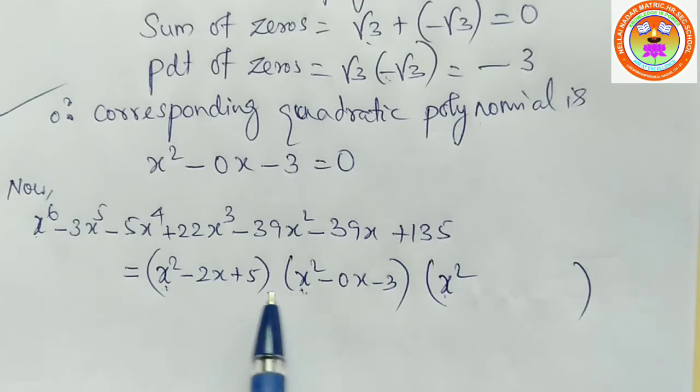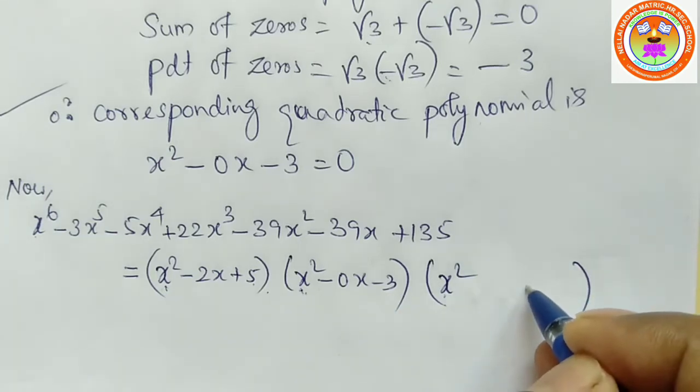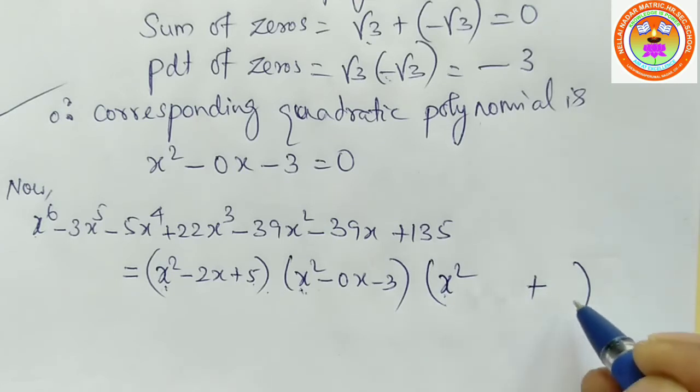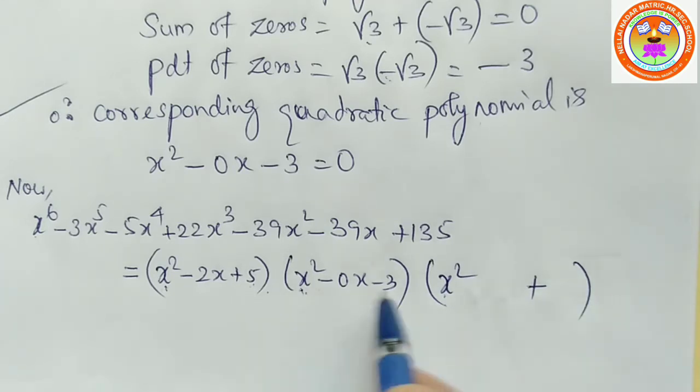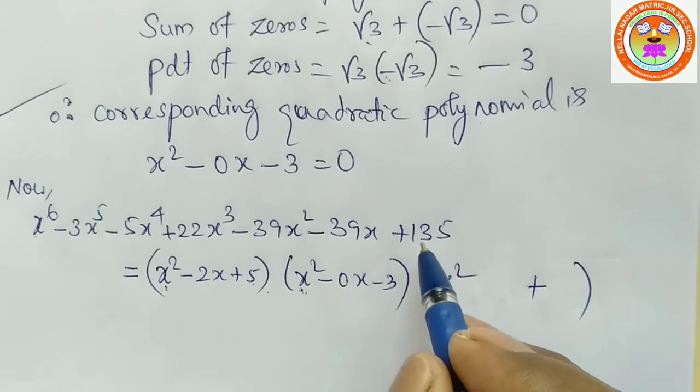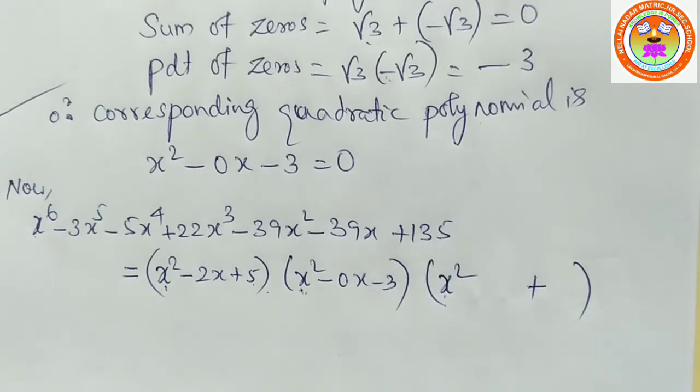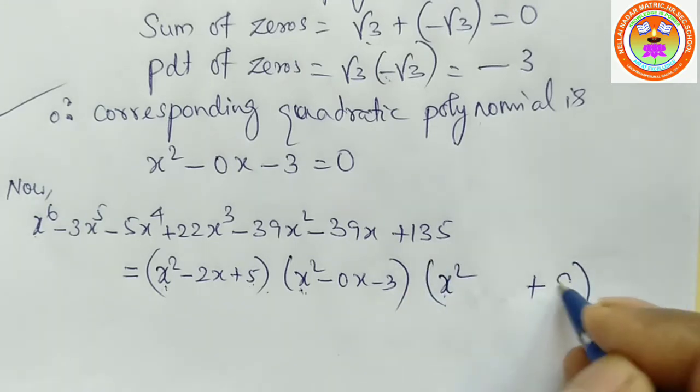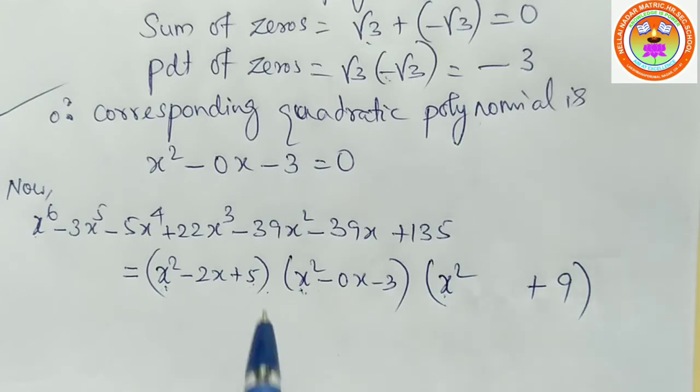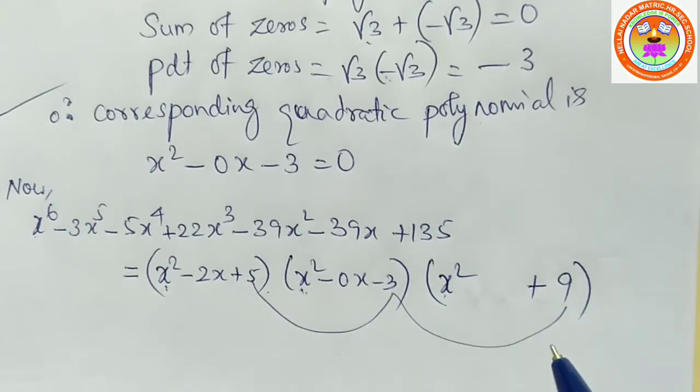Likewise, if we multiply the last terms, 5 3s are 15, minus 15. Then here we need to put one number. That number, if you multiply with the other two, we need to get 135. So the only possible number is 9. Reason is, see, 5 3s are 15, 15 9s are 135.